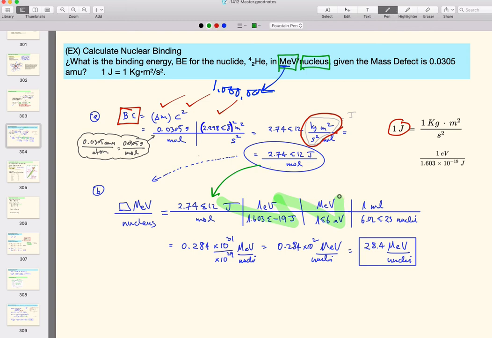I like that. What do I have as a unit in the numerator? Mega electron volts. And what am I looking for? Mega electron volts. So I'm pleased with that.